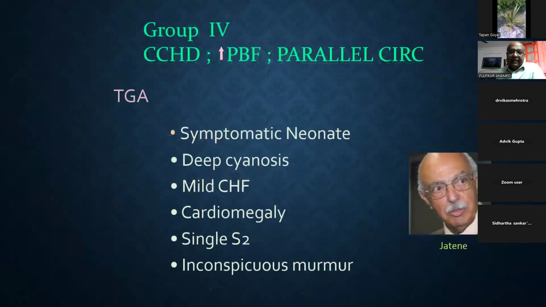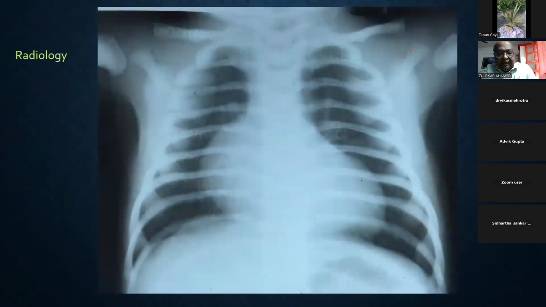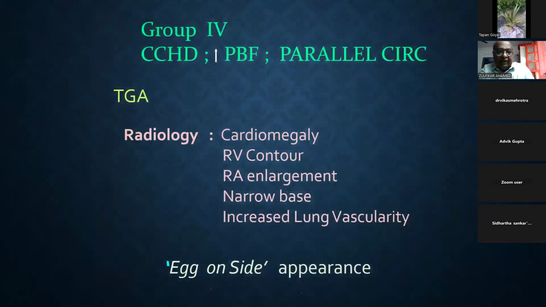So basically, TGA is all about a symptomatic neonate with deep cyanosis and cardiomegaly with a single S2 and inconspicuous murmur. That is very important. It's a typical X-ray of an egg on side appearance showing cardiomegaly, RV contour, right atrial enlargement, and a narrow pedicle with a normal pulmonary vascularity.